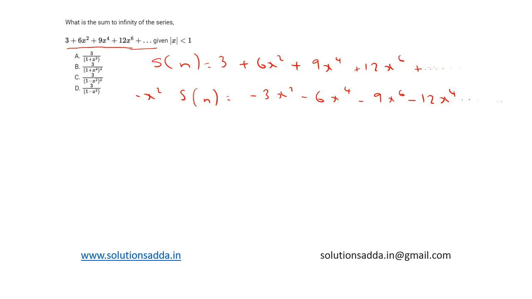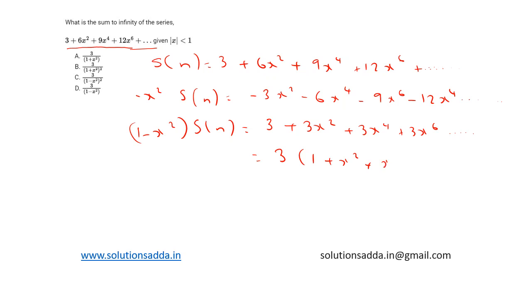Now we can write it as 1 minus x square into S is equal to 3 into 3 plus 3x square plus 3x power 4 plus 3x power 6, etc., which can be again rewritten as 3 into 1 plus x square plus x power 4 plus x power 6 plus etc. So 1 minus x square S is equal to 3 into 1 by 1 minus x square, because this is a series in GP having infinite terms with a equal to 1 and r equal to x square, which is less than 1.